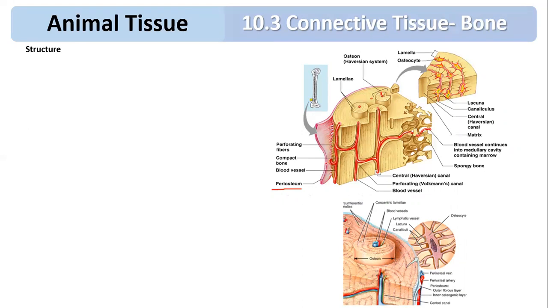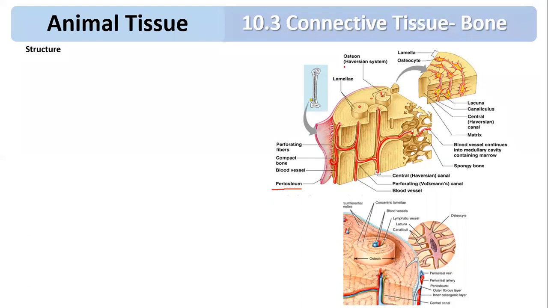Now if you observe, that matrix is arranged in the form of a structure called osteon. There is a characteristic feature of the bone called osteon. Osteon is also called Haversian system. Can you see this in the diagram?